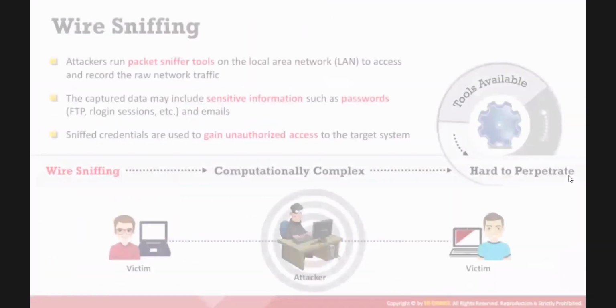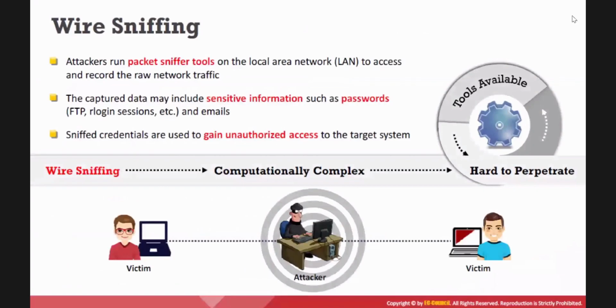Okay, and wire sniffing. The same thing, we will be capturing the packets when the victim traffic is under attack. If you have tapped into the wires, or if you are connected to the Wi-Fi network, we can easily capture the packets. It will be encrypted, but we are able to decrypt it.